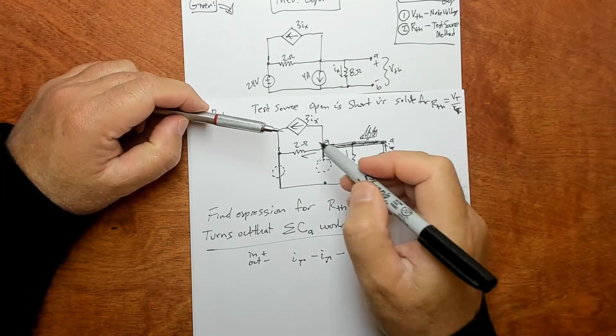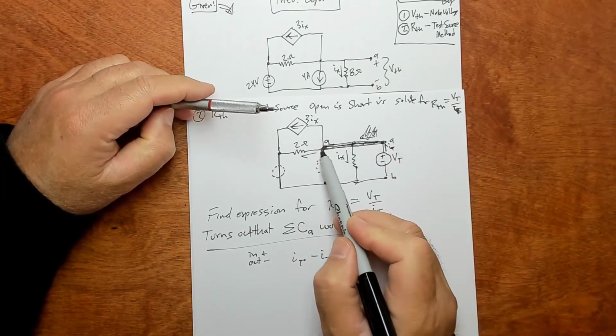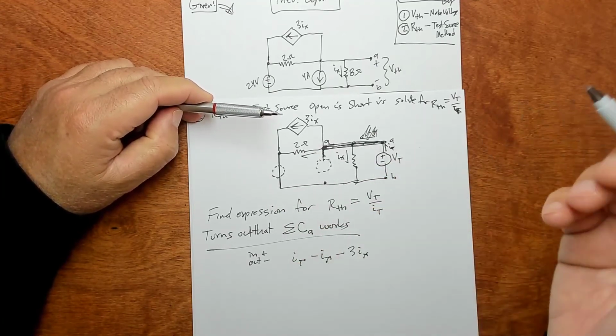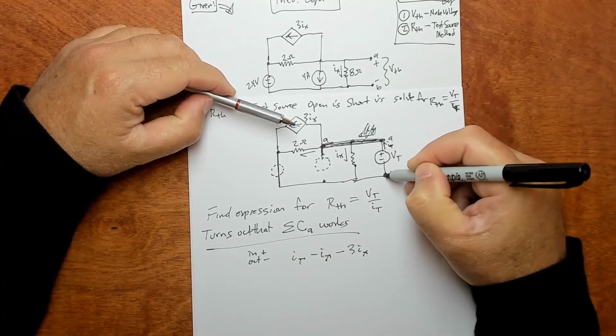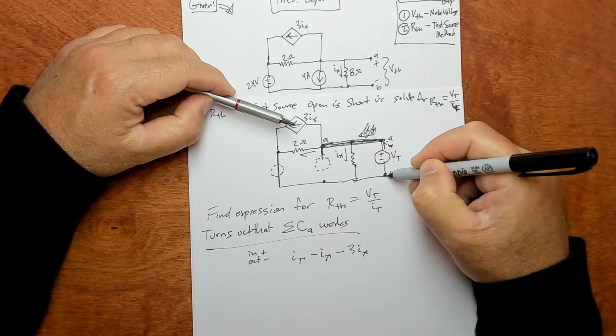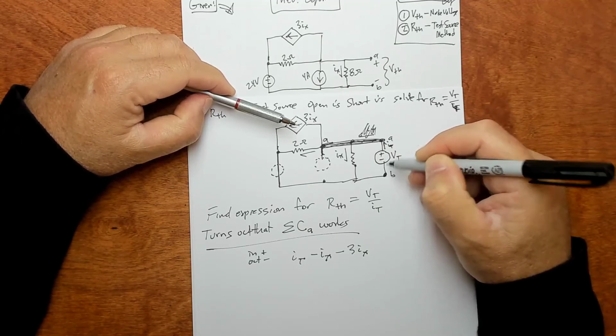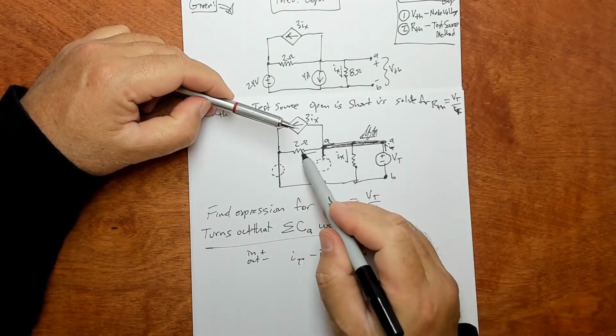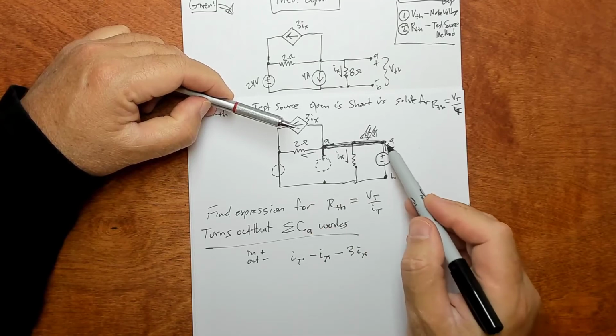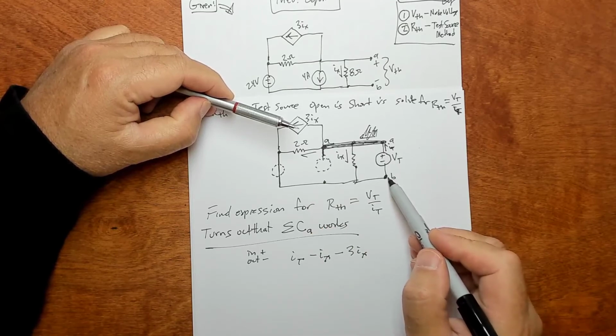And if I do that, I need an expression for this current. I can get it in terms of Ohm's law, because this 2 ohm resistor is across V sub t. Do you see that?